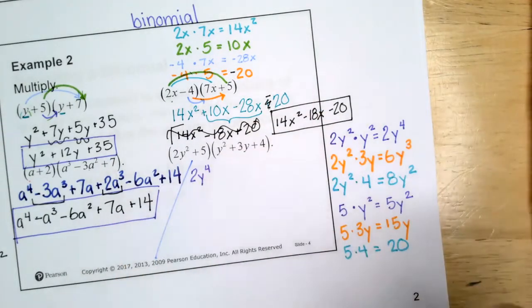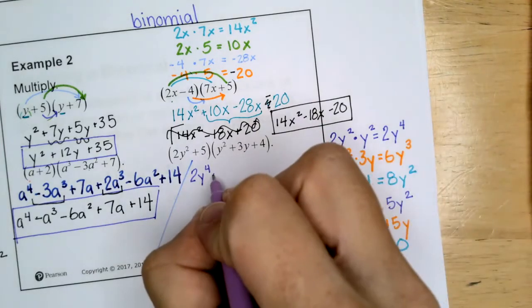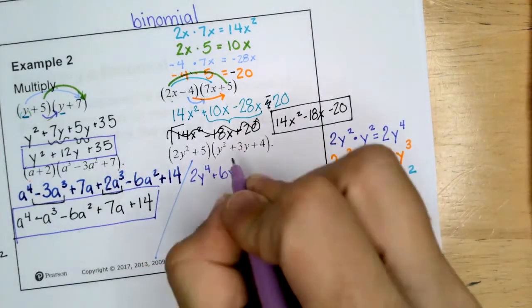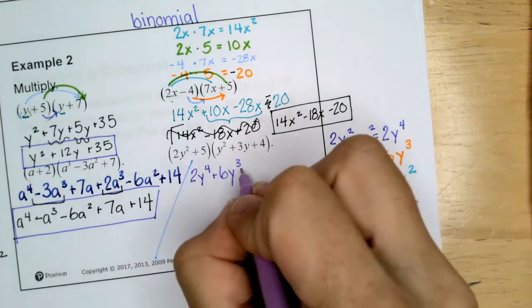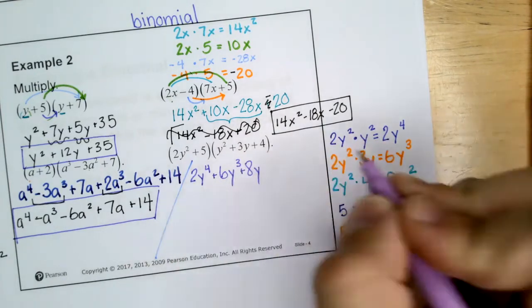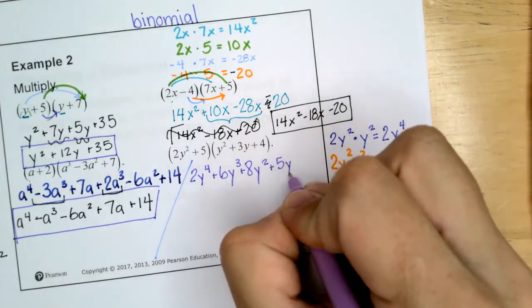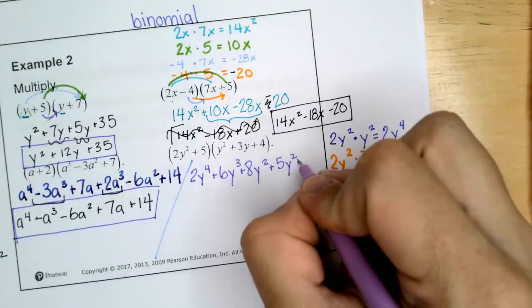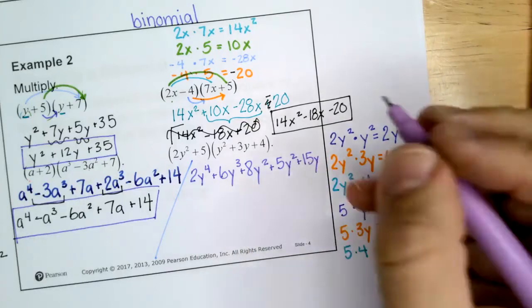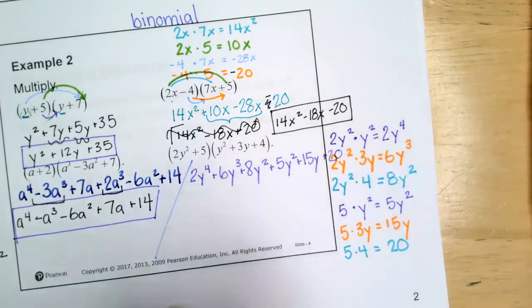2y to the fourth plus 6y cubed plus 8y squared plus 5y squared plus 15y plus 20. Okay.